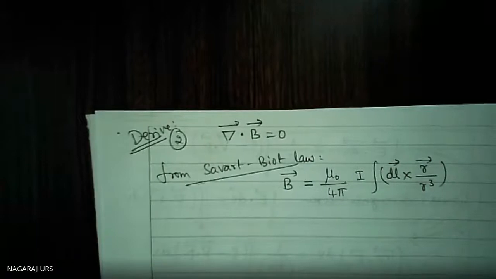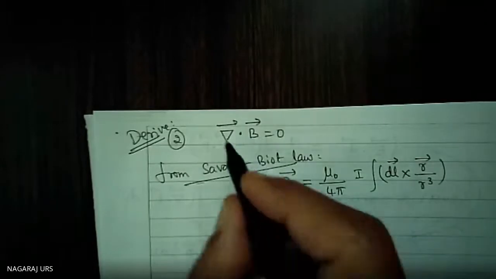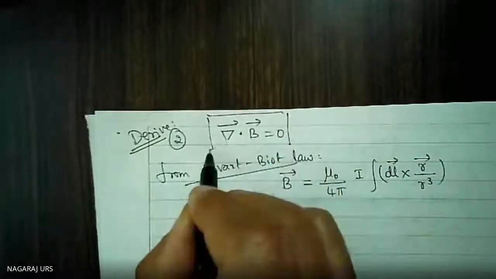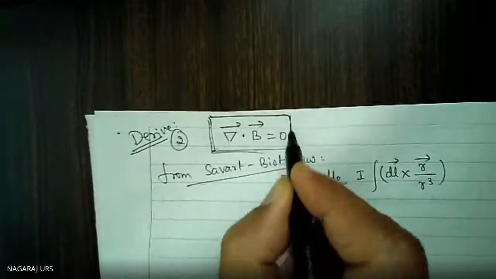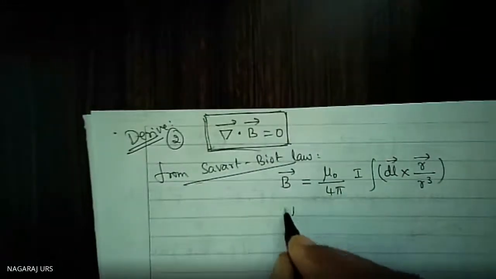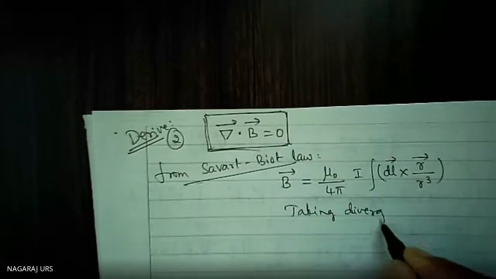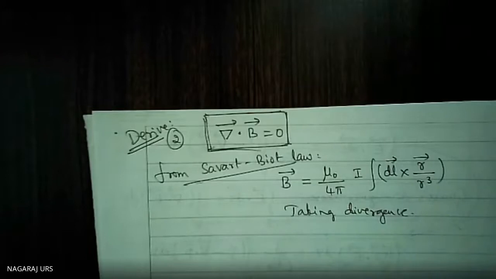Now we are going to consider the divergence here. This is what we are supposed to derive. We have to derive this equation using this. I will take the divergence on both the sides.